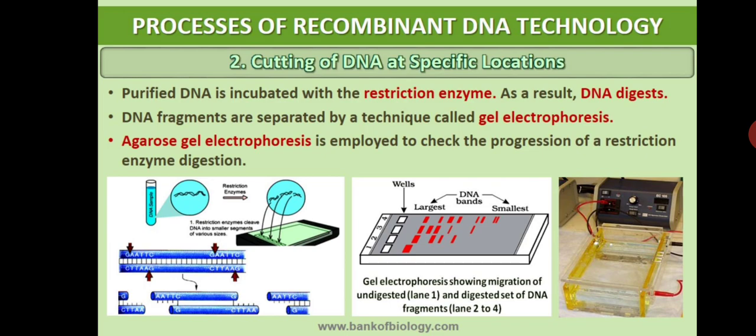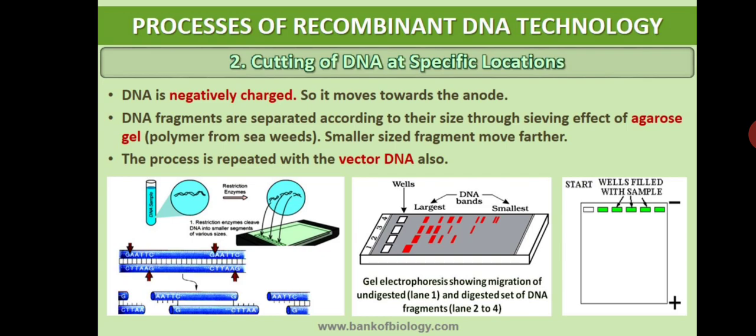You can see here how the sticky ends are produced. And what fragments are produced here? These fragments you have to put into the cavities, or the wells, of the gel electrophoresis. Here, to separate the DNA fragments we are following the gel electrophoresis technique.